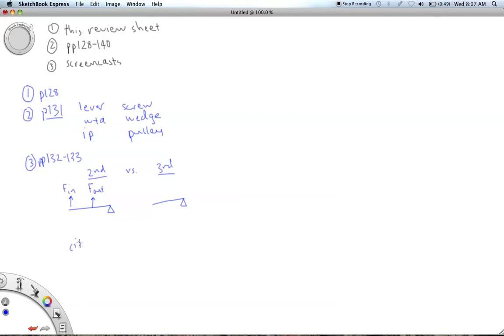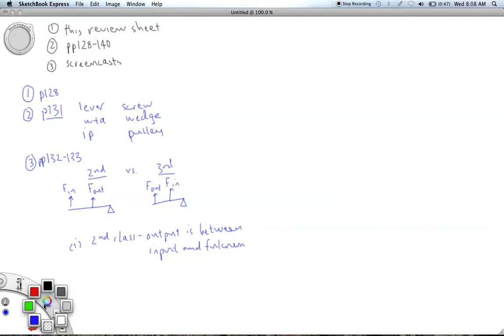So one difference is, let me include it here, that for second class, you see from the diagram the output, which is right here, is located between the input and the fulcrum.